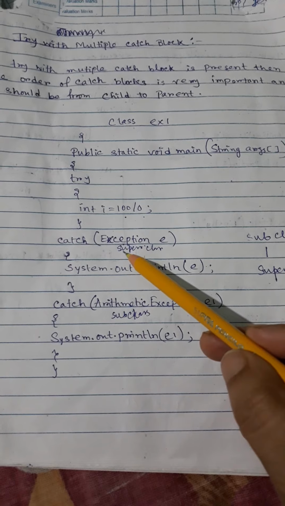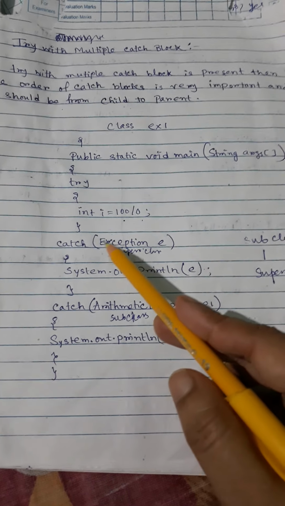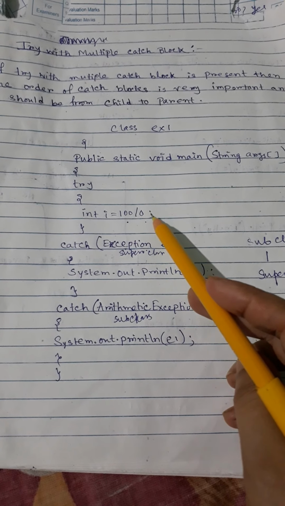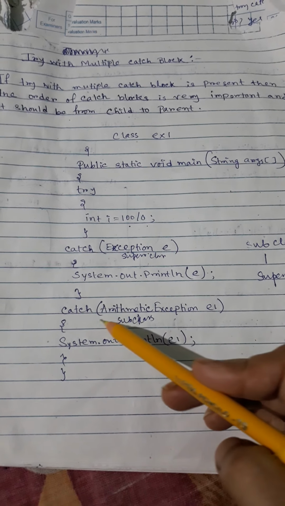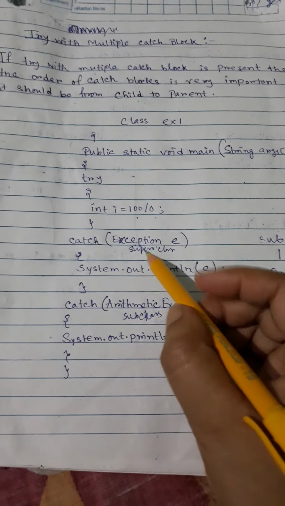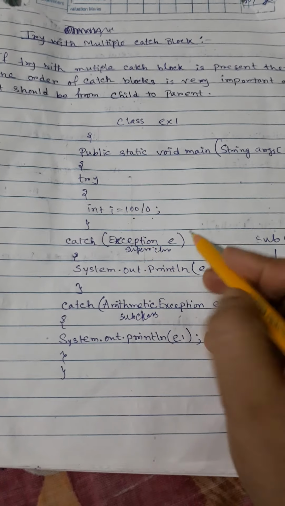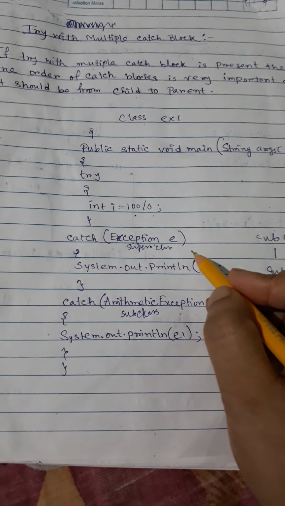But here the Exception class is present, and after catching the exception here, it will not go to ArithmeticException. This class cannot handle this exception, so an error will occur.